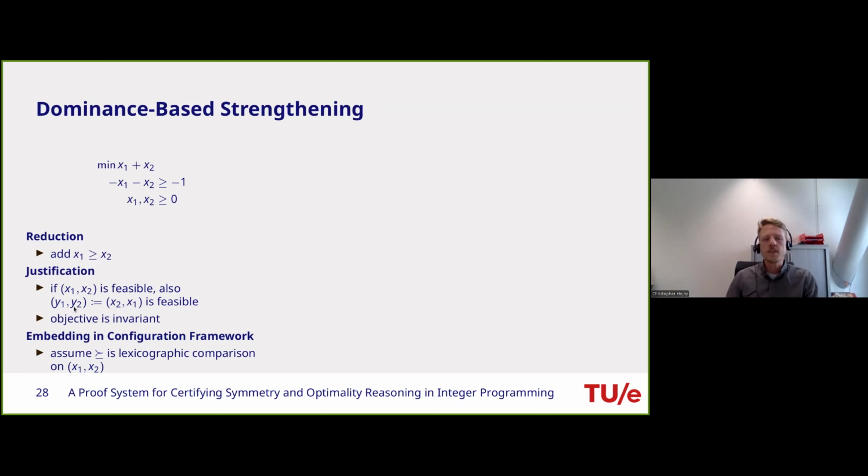So this means I introduce a new solution that just flips these two variable entries. And if I again assume that the pre-order that I've selected is the lexicographic comparison, then I need to make sure that this flip, if it does not satisfy the constraint x1 greater than x2, then this flip will satisfy this constraint here, of course, and it will also improve with respect to the lexicographic comparison.